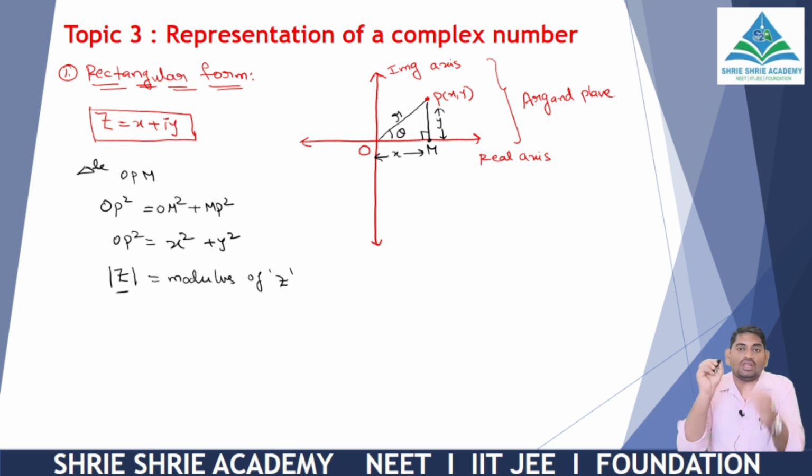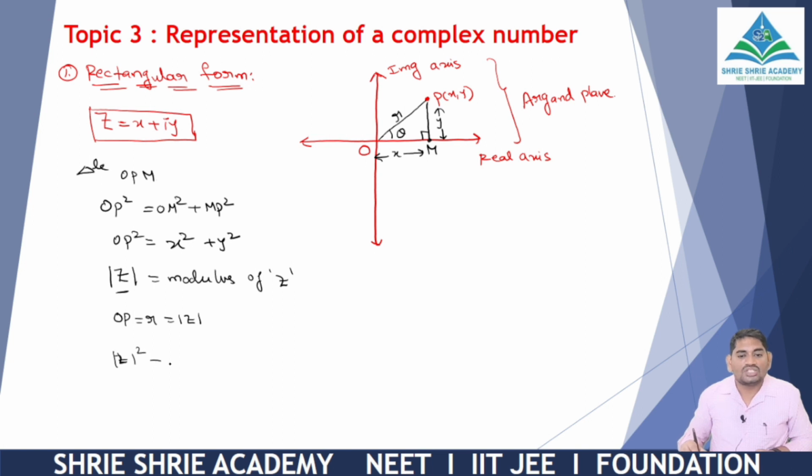So what is the meaning of the modulus of z? It is the distance from origin to point P in the Argand plane. So OP is equal to R, which is also equal to modulus of z. So OP square is modulus of z whole square, which is also equal to R square, which is equal to x square plus y square.